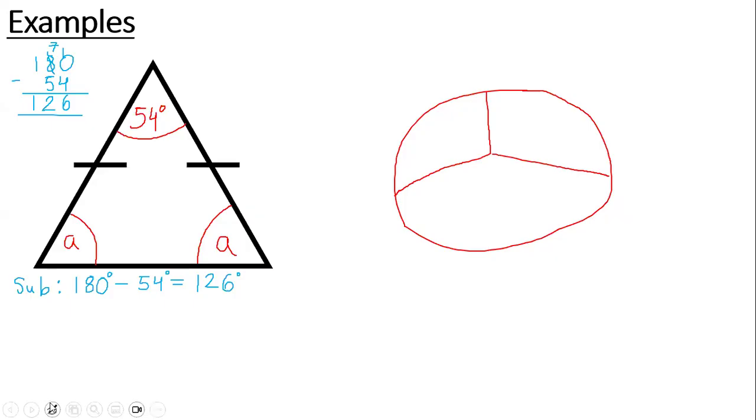As you can see from this pie, this side is the same thing as that. They equal in size. Let's say the whole pie is equal to, in our case, 180 degrees. We know that these two are equal. We also know that this part is 54.